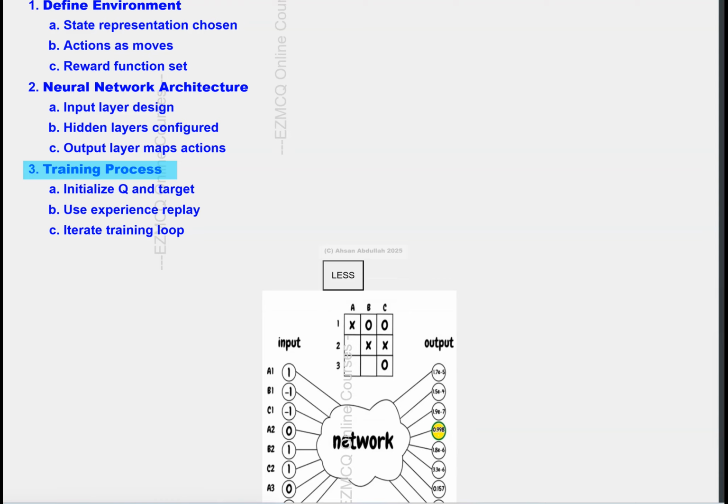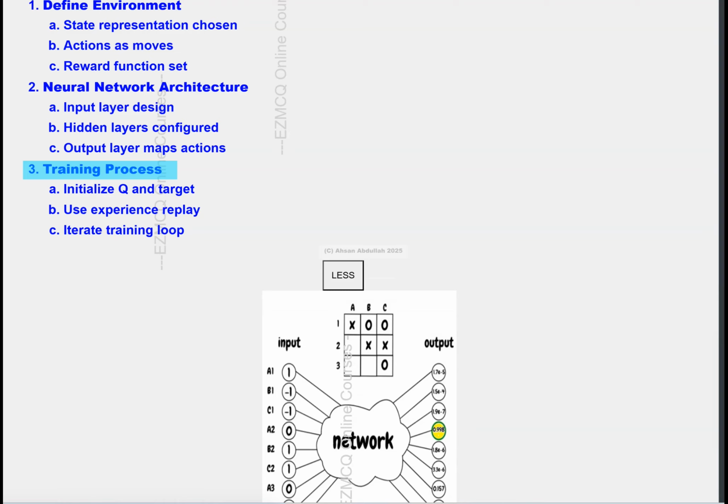Then we take an action, observe the reward, and transition to the next state. These are the experiences. So we store the experience, save that transition in the buffer, and then we sample the mini batch and update the Q network. I'm not going into a lot of details. There are a number of things we need to do.